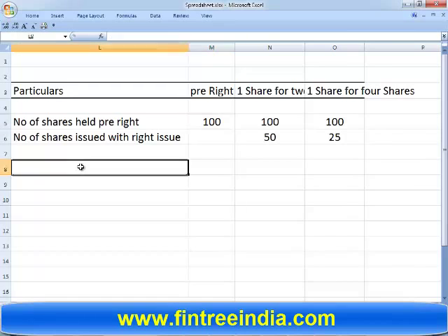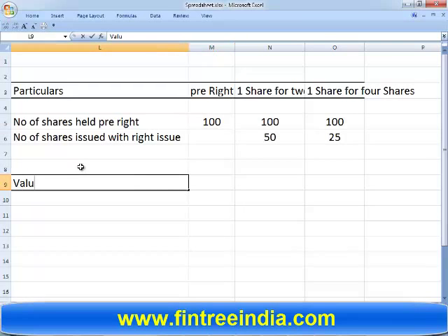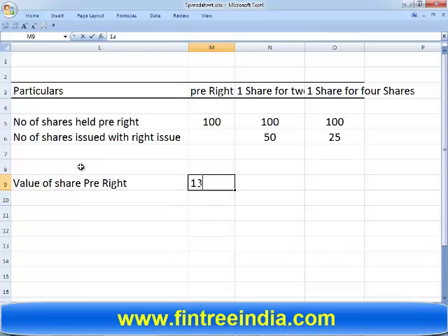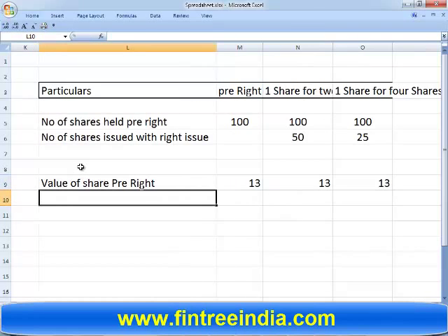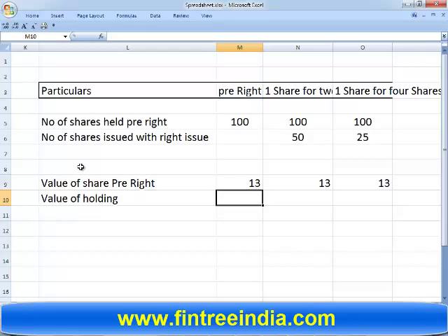Then here, value of share pre-right issue. This was given as 13. This is given as 13. So I'll say value of holding. In this case, we will simply say 100 into 13, which is 1300.